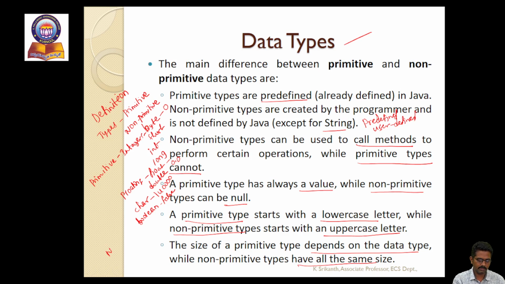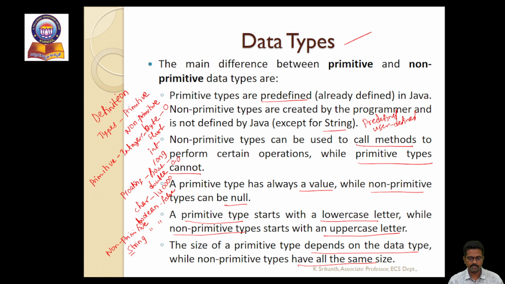Then we took an introduction to non-primitive data types. They are also known as reference data types, which store the address of an object, a class or an array. We took an example of a class called string, where the string value is represented in double quotes.